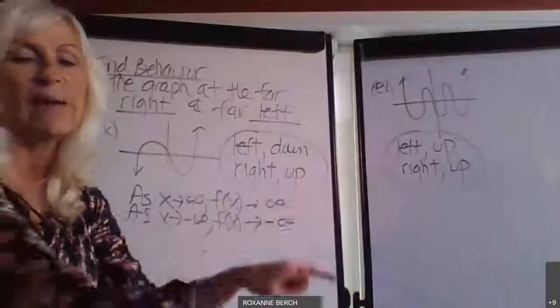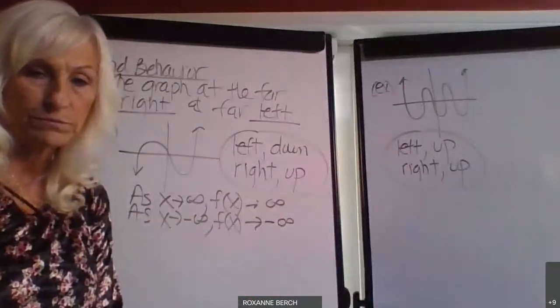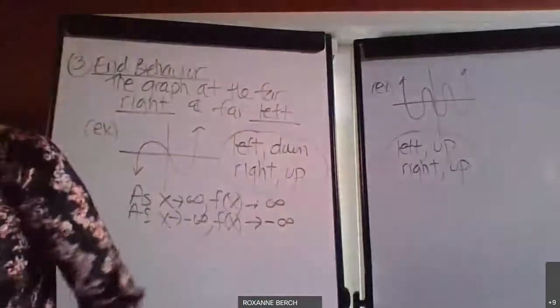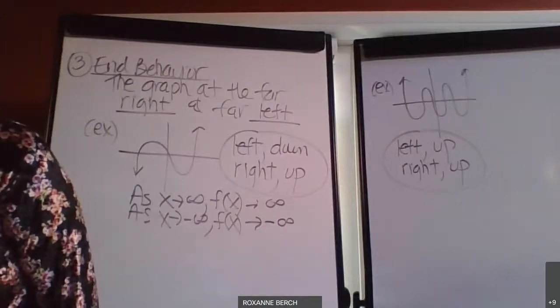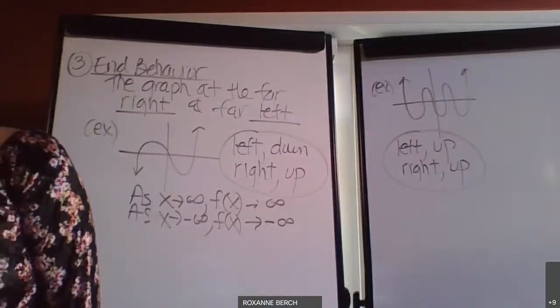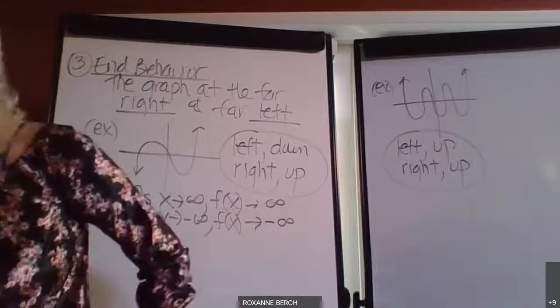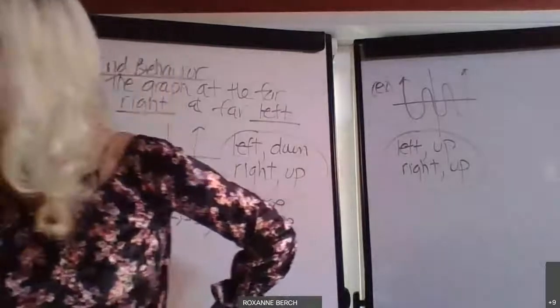So the end behavior is what's happening at the ends of the graph. All right, well, let's test it out here. Take a look at number 15, 16, 17. See graph B?